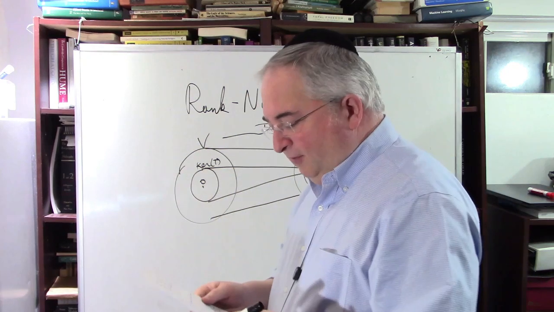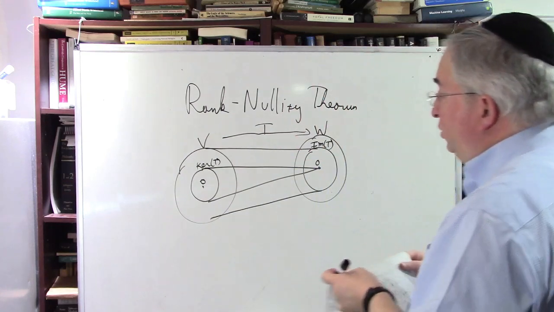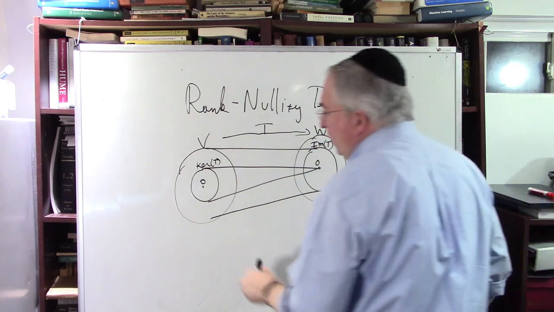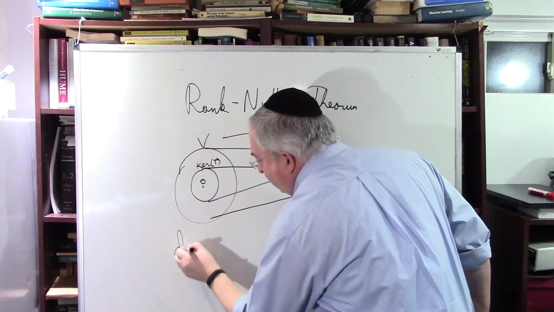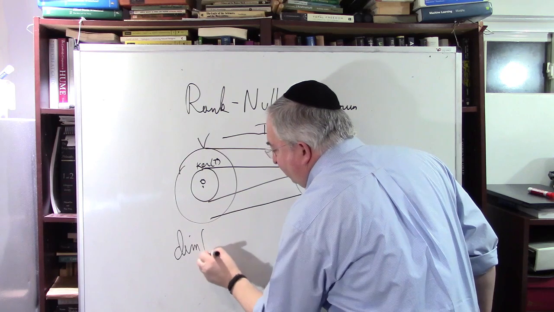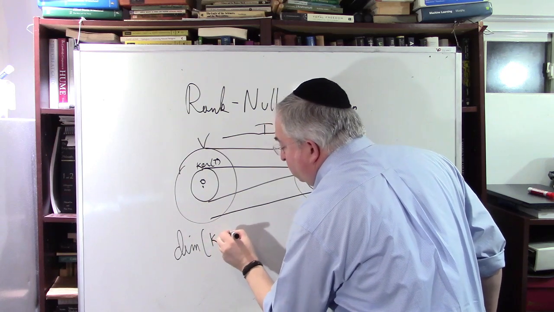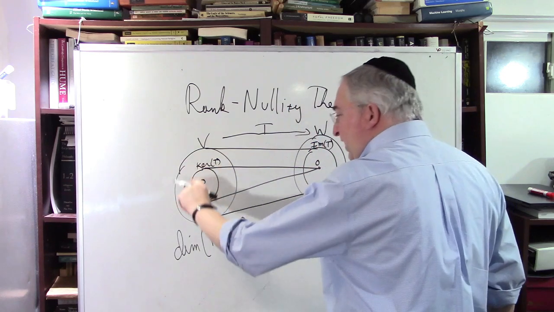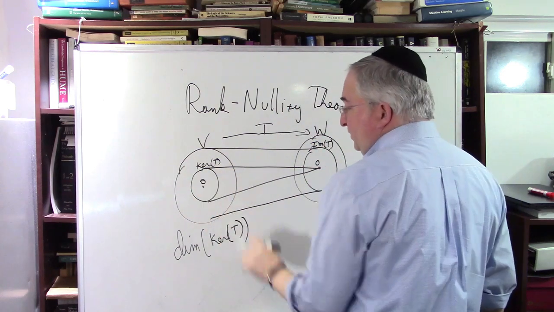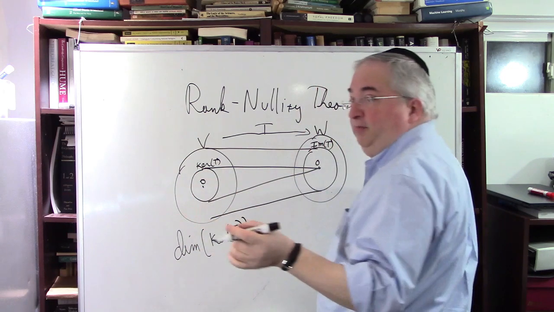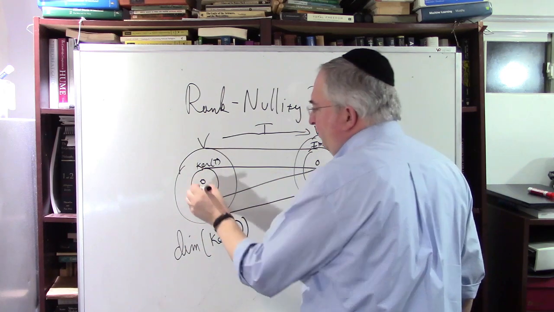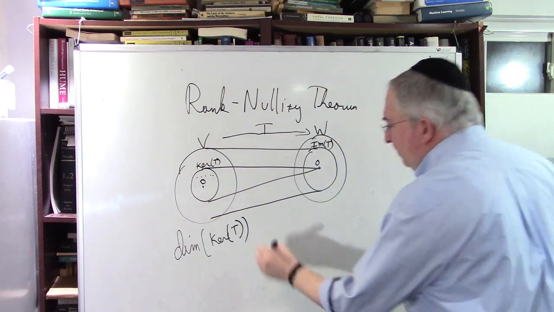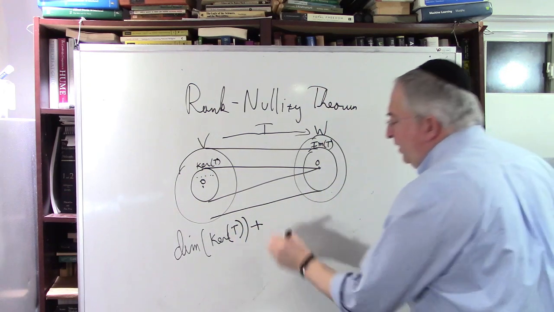So we have this notion of dimension, and I want to know what these things are. Here's the way it goes. Ready? The dimension of the kernel of T, so how small or how big this is, plus the dimension of the image of T, so how many elements are in the basis of this, is equal to the dimension of V. We're not proving this here, but I prove it in the book.